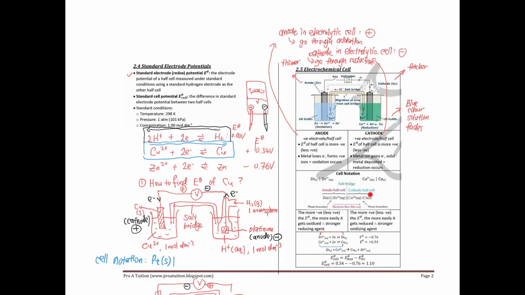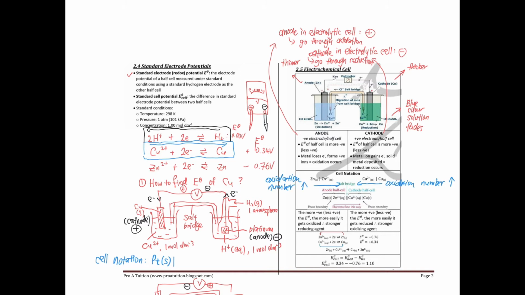Here from the electrode, copper, copper 2 plus, the oxidation number increases when you go towards the salt bridge. Let me write this down: when you go towards the salt bridge, oxidation number increases. This side is the same also. When you go from the left hand side towards the salt bridge, oxidation number increases.